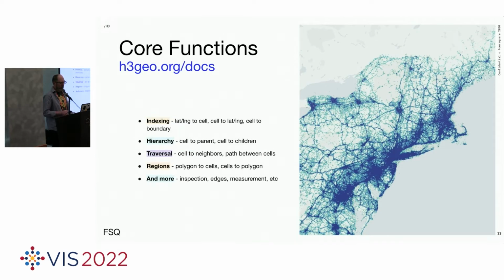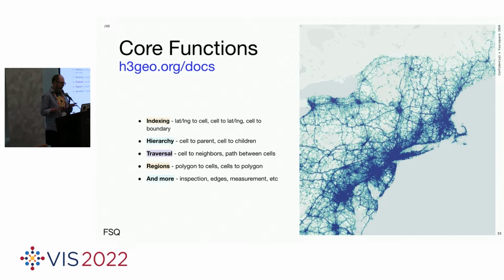The kinds of core functions that are covered in the library, we obviously have indexing. So the ability to take a point and tell you what cell it's in, and do the reverse. Take the cell and tell you what its geographic coordinates are. We can also do a lot of hierarchical traversal, so we can go from cell to parent or from cell to children. We can do grid traversal, so go from cell to neighbors or find a path between 2 cells.